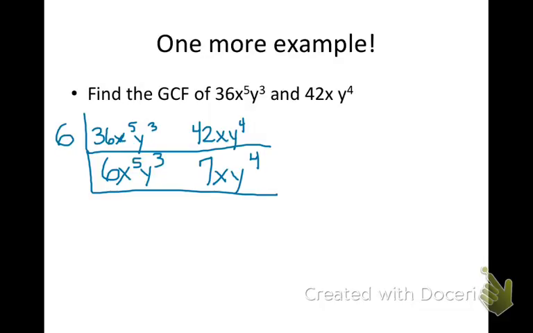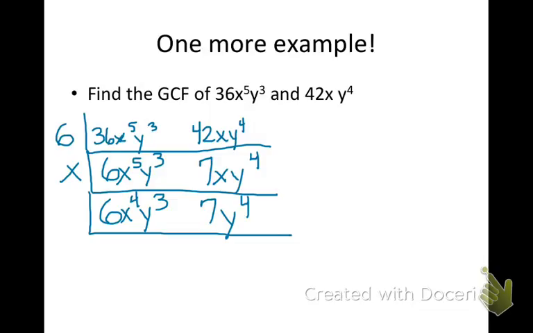Therefore, the x's, I look at the variable x. I have 5 of them here, 1 of them here. So I have to look at that smallest power, I can only divide by 1x. So when I have 5 factors of x and I divide by 1 factor of x, it leaves me with 4 factors of x. So x to the 4th, y cubed. If I have a factor of x and divide by a factor of x, I'm left with no x's. So I have y. Now I see that there are still some common variables.